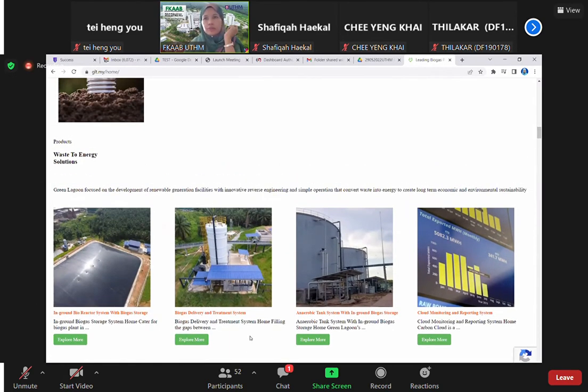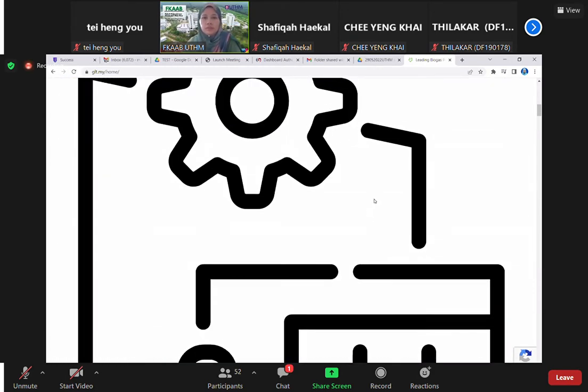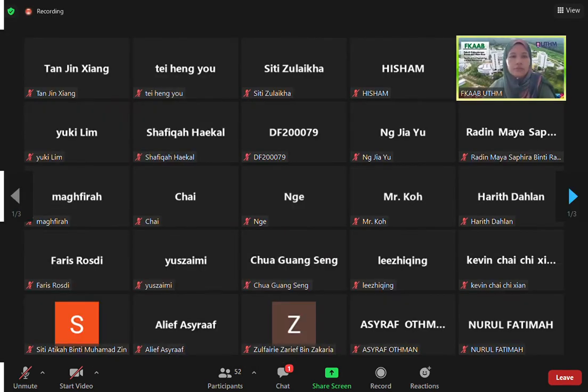Kalau small scale pun maybe in the rural area yang very difficult to get the gas, for the household activity. Okay, this is the storage of the biogas delivery and treatment system, and this is the anaerobic tank system, very big, to capture this methane production. Okay, this is to give you an overview on how the process of the anaerobic digester forms the biogas.